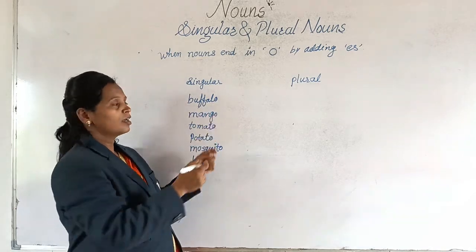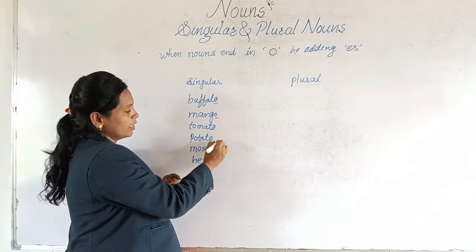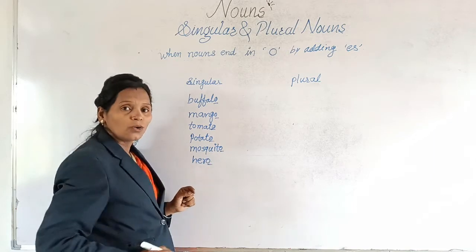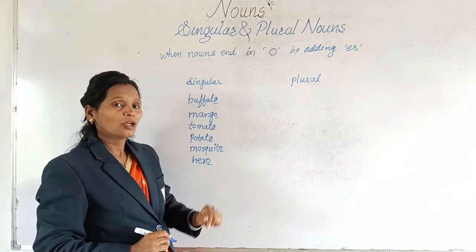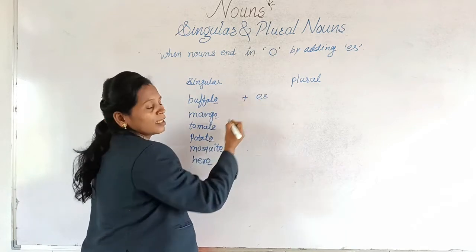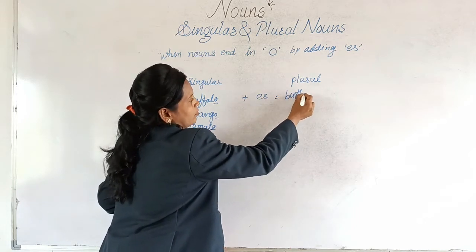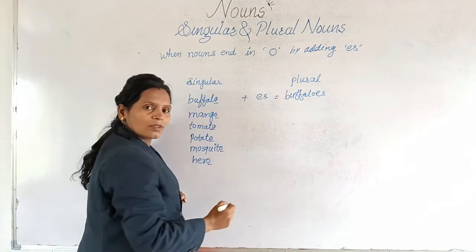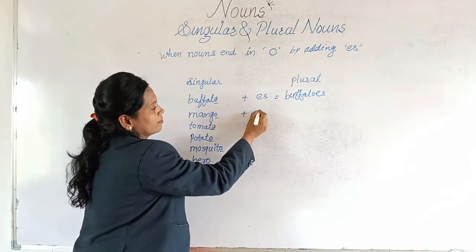Because they end with an O. That's why we add ES to make them plural. Buffalo, buffaloes. Mango, mangoes.